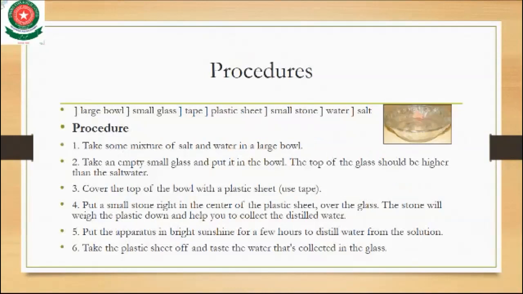First of all, you take a large bowl, a small glass, tape, plastic sheet, small stone, water, and salt. These are all the things you need for the procedure of distillation.